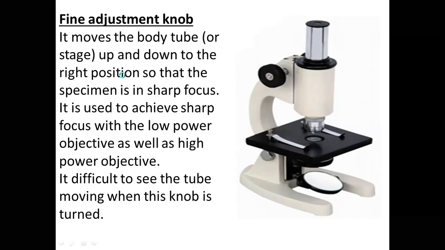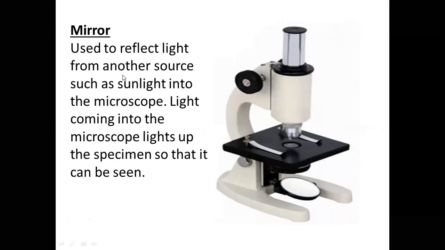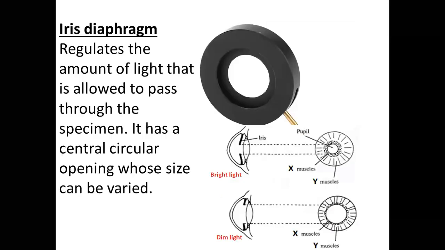Now, of course, the mirror: we said the mirror must be well placed so that it reflects light into the condenser, then into the diaphragm, then into the condenser, so that it can light the stage. And as simple as it can be, it can frustrate you if you don't adjust it accordingly.